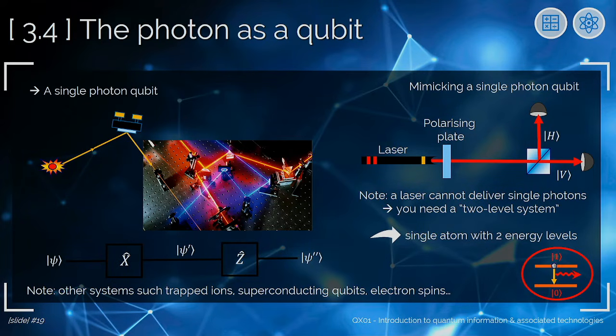Right. And there are, as we will see, other physical systems where we need such energy levels. Here I talked about atoms, and people do isolate single atoms in optical traps to do these experiments. Other people use trapped ions, which is trapping atoms but differently, or superconducting qubits using electrical circuits, or also electron spins, a particular property of electrons that we're going to talk about much later on.